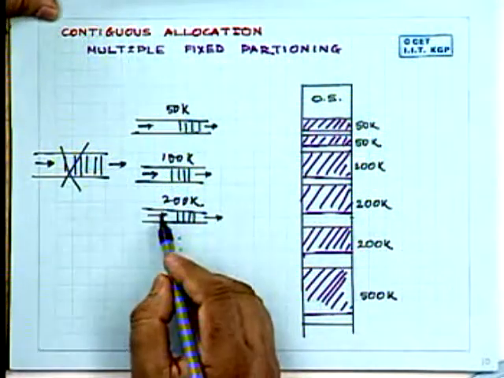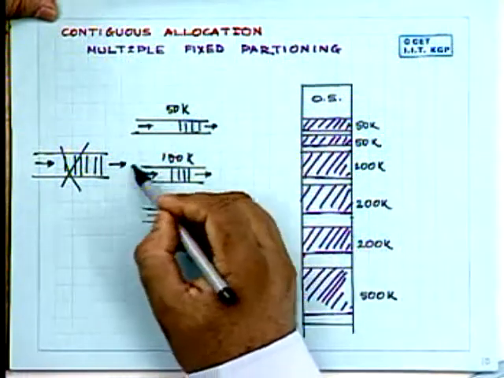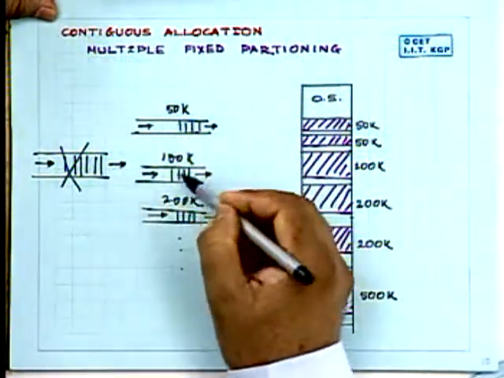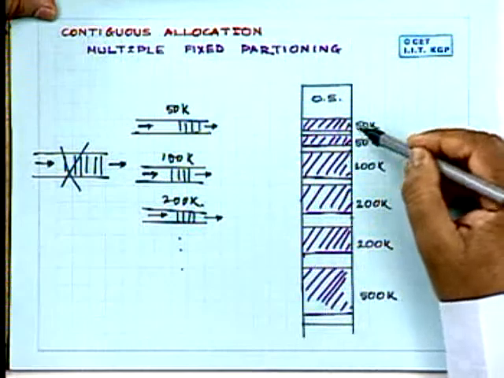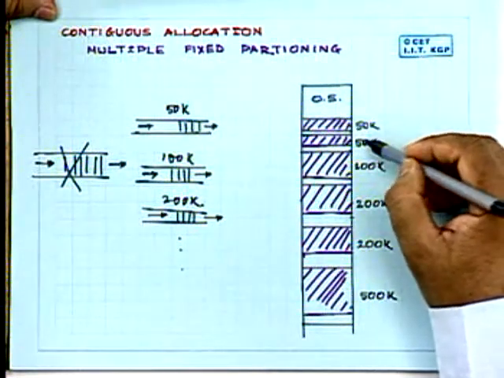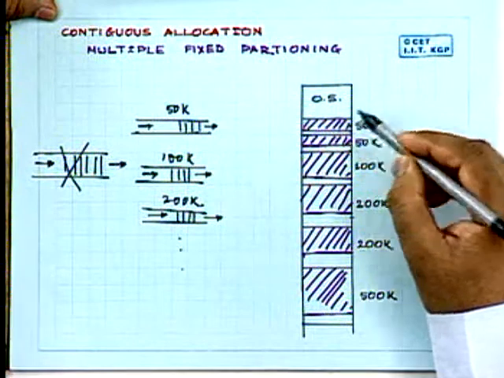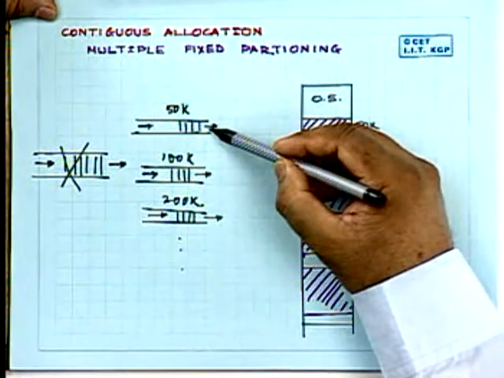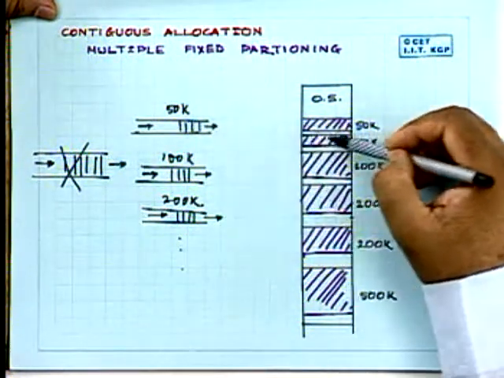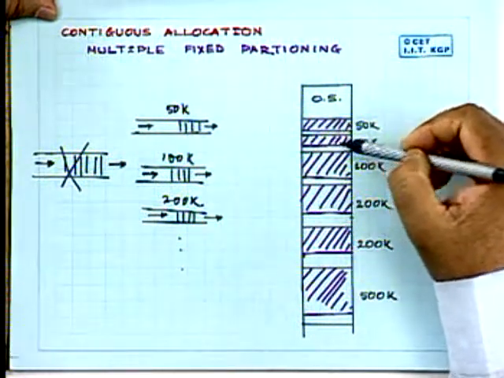As the job comes, depending upon its size, it is put into the different queues, so that whenever a 50K partition turns out to be free, one can immediately go to the corresponding queue, take a process and load it into this partition.